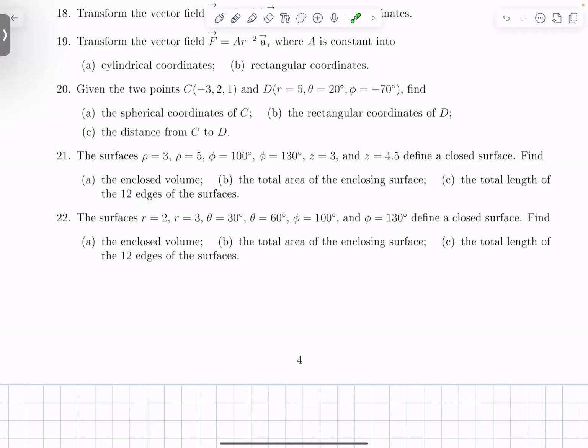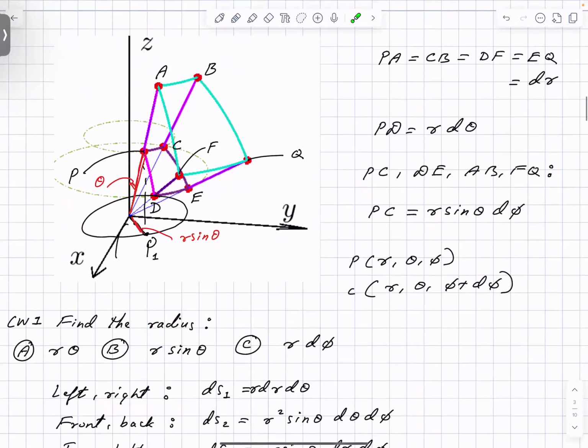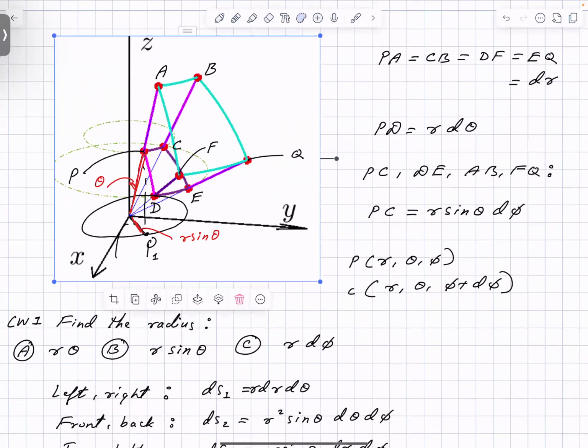And for problem 22, since it's the spherical coordinate system, I'm going to copy this figure.